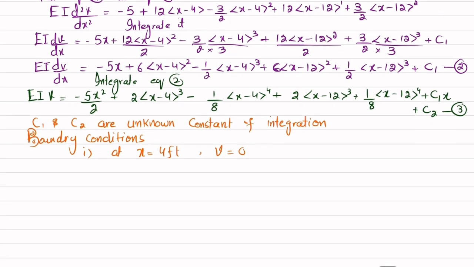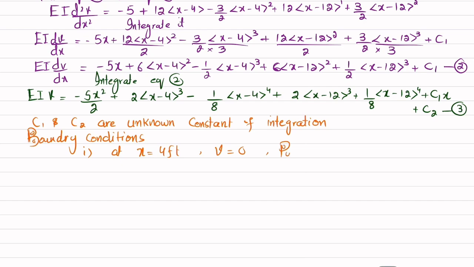So put it in equation number 3, because equation number 3 is for deflection. When you put it in this equation, we will get EI times deflection, 0, is equal to minus 5 into x is 0. So this term will be equal to 0.